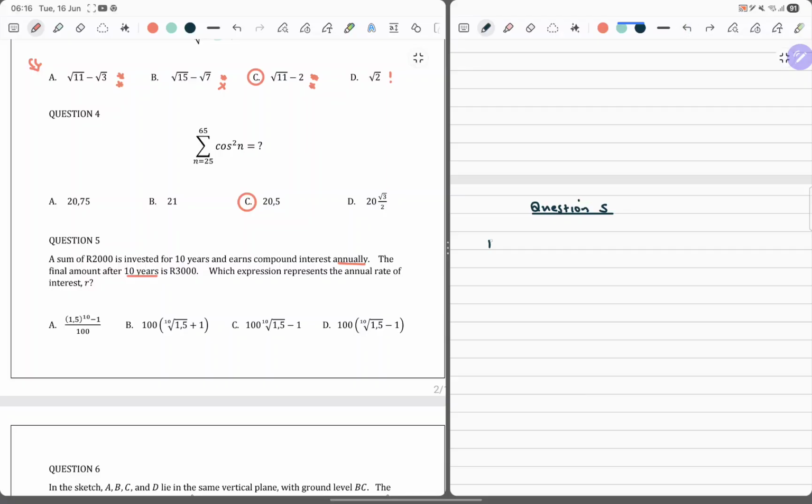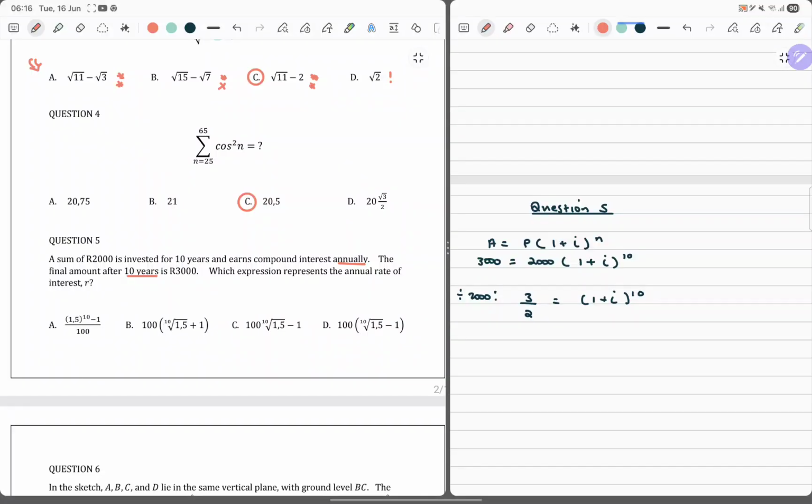So we know that the accumulated amount becomes our present value times 1 plus the interest rate to the exponent n. So we were told 3,000 came from 2,000 into 1 plus i to the exponent 10. Now the first thing that we do, we need to divide by the 2,000. This gives us 3 over 2 is equal to 1 plus i to the exponent 10.